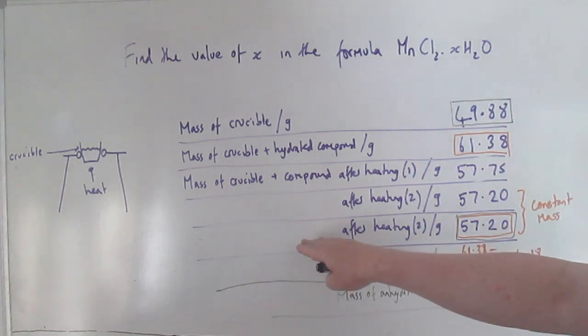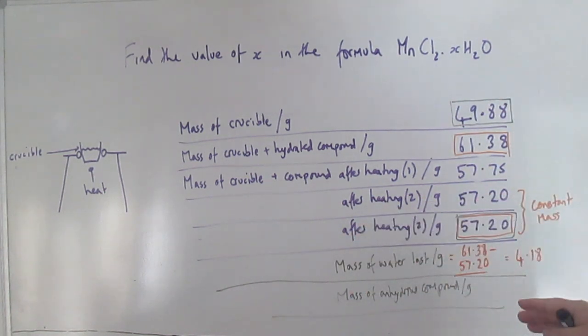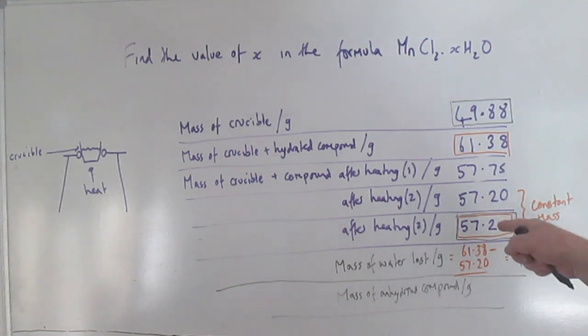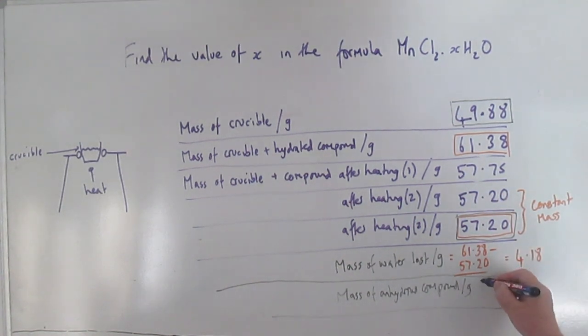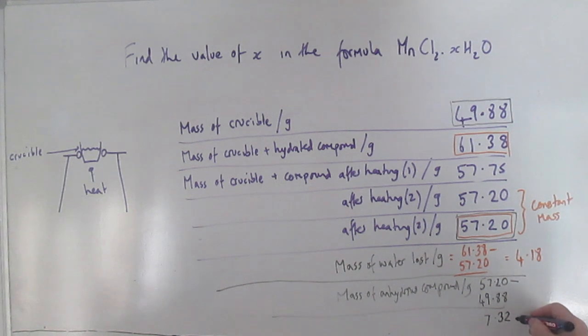If we take away that number from the crucible plus the anhydrous compound, obviously what's left is just the anhydrous compound. So that's 57.20 minus 49.88, which is 7.32 grams.